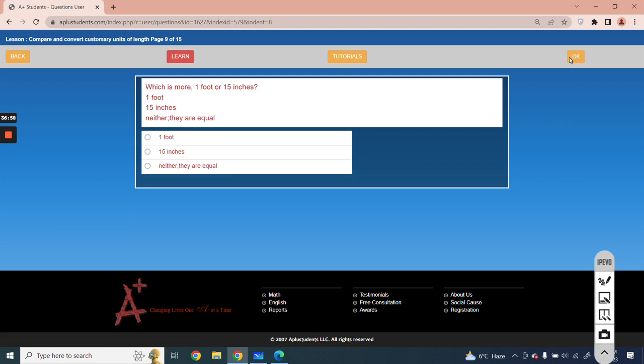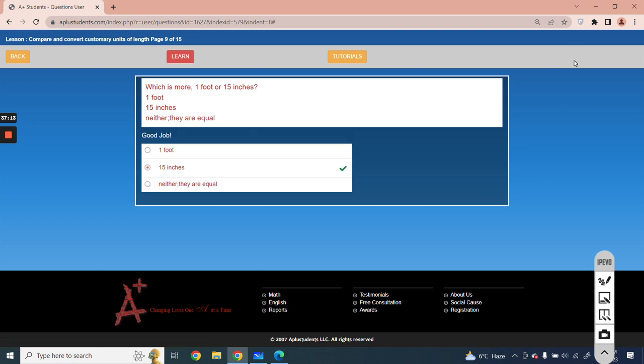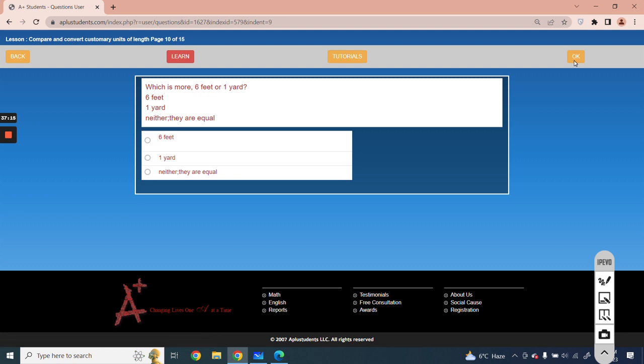Okay, the next one is, which is more, 1 foot or 15 inches? So which is more? 15 inches is more. Got it? Because in 1 foot you have 12 inches. Okay, which is more, 6 feet or 1 yard?